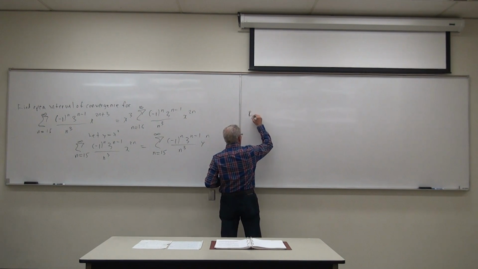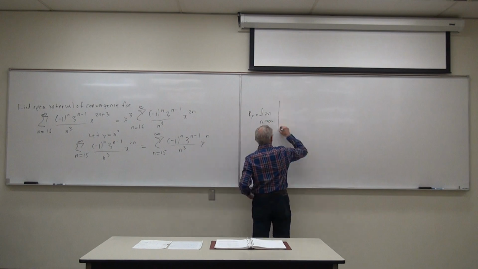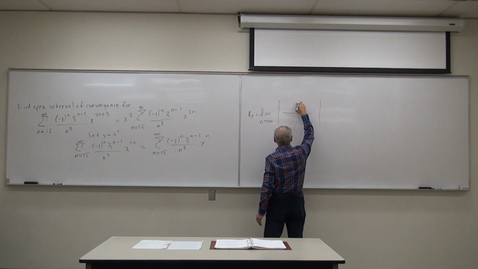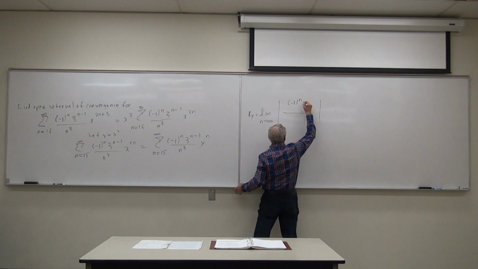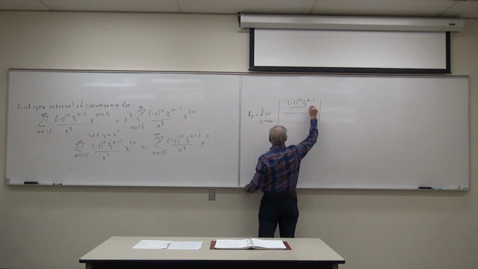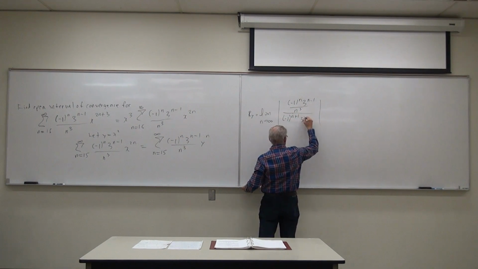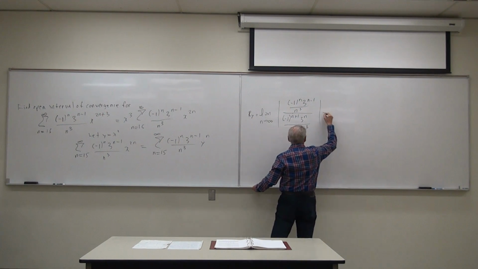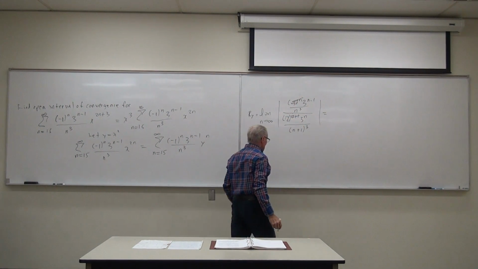R sub y is equal to the limit as n goes to infinity of the absolute value of that which sits in front of y^n, (-1)^n 3^(n-1) over n cubed, over the bottom, where we replace the n's by n plus 1. Equals. Throw away all the minus signs because we have absolute values.